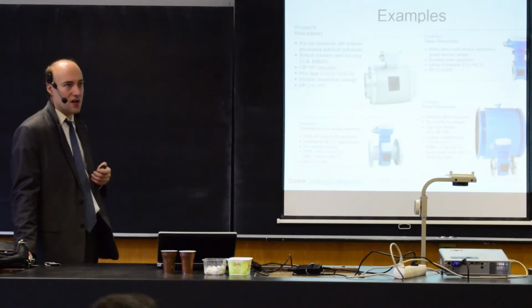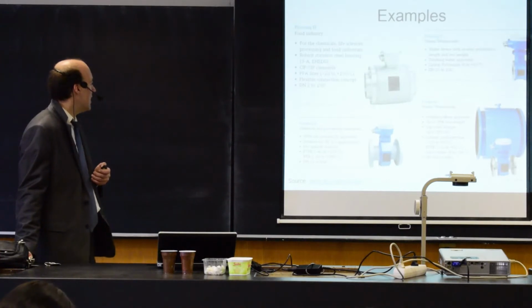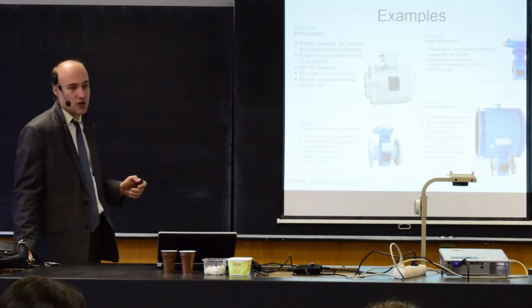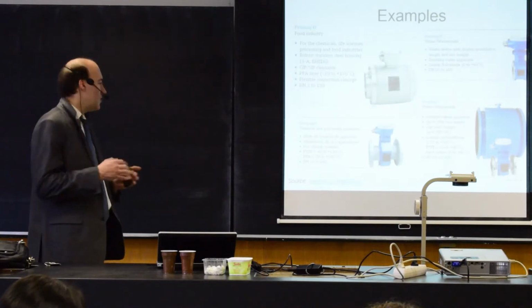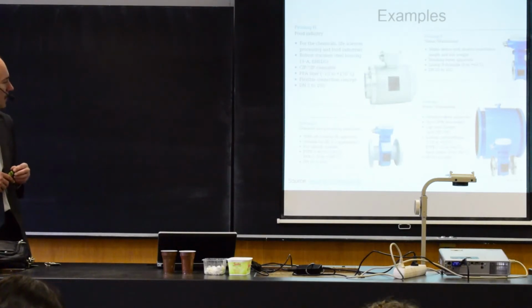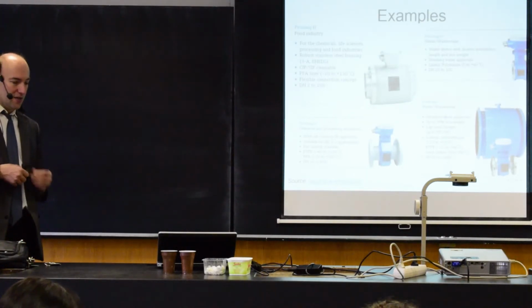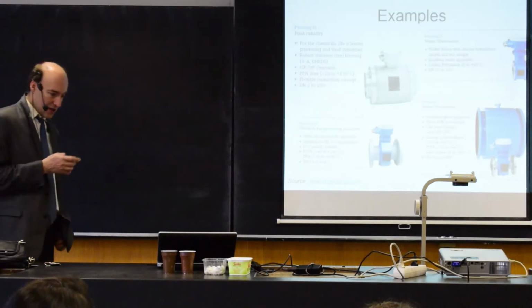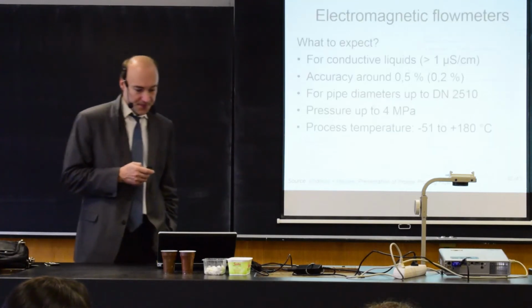So different materials are good for different temperature ranges. You can see the diameters here, so 150 millimeters, 100 millimeters, 2.4 meters. So the diameters are a little bit smaller than for the ultrasonic flow meter, but they are still quite large.